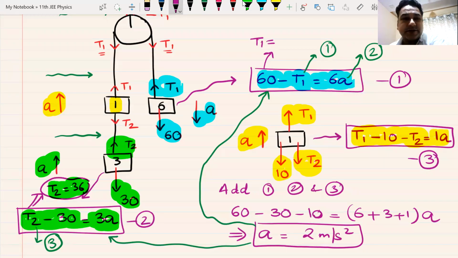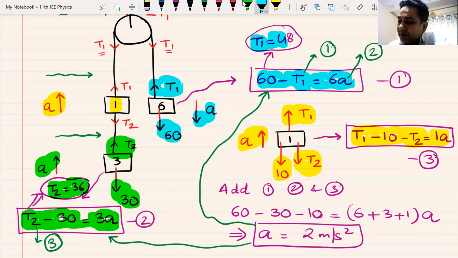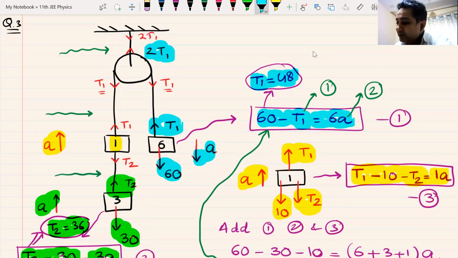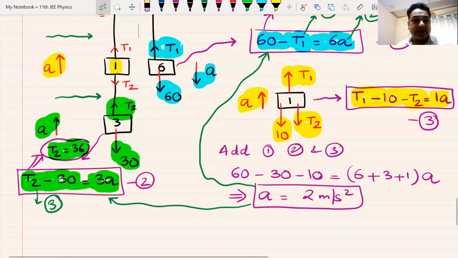T1 is 48, the blue Hulk, and we are there with our answers. As soon as I have T1 as 48, I can get the value of double the blue Hulk, and that will become 96. And those are the answers that I was looking for.